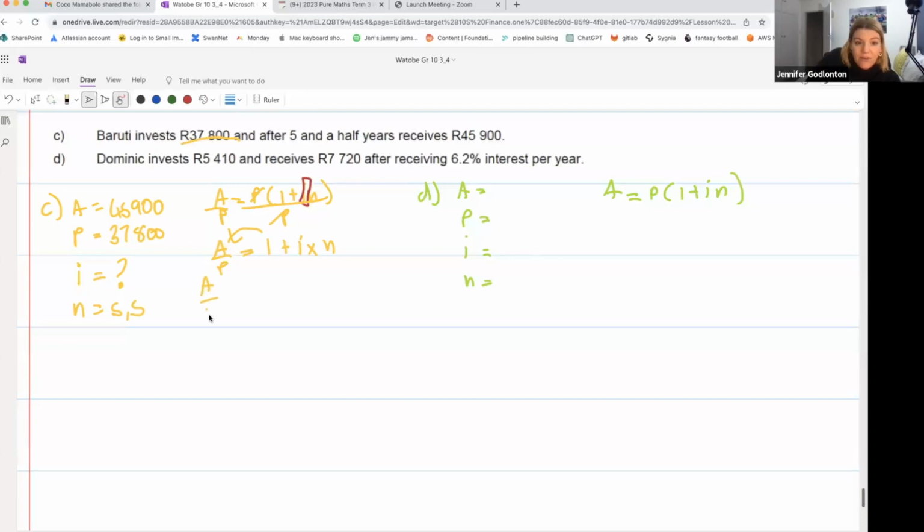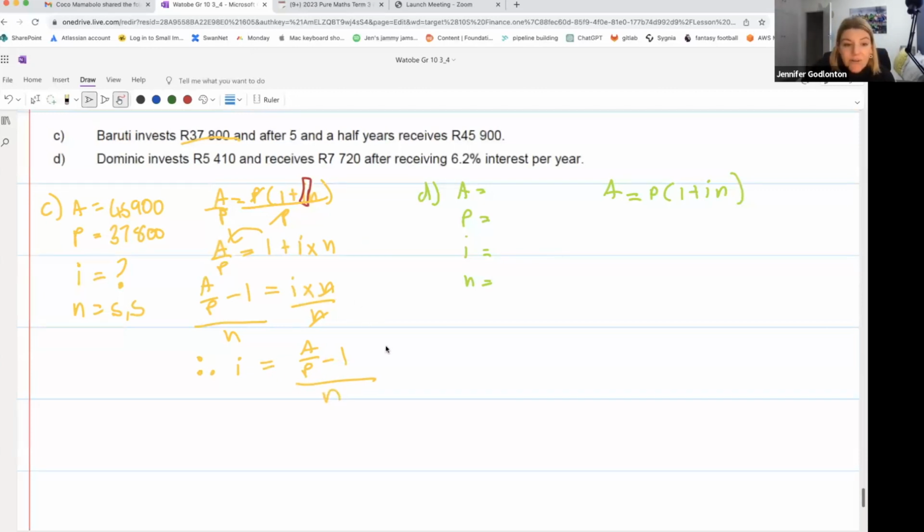So A over P minus 1 is equal to I times N. Now we're wanting to isolate I, so we're going to divide both sides by N. So that means that I is going to be equal to A over P minus 1 over N.